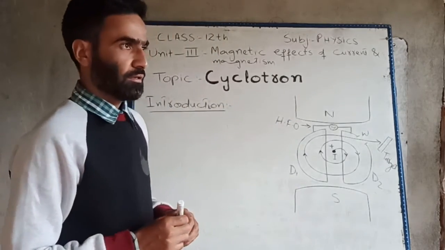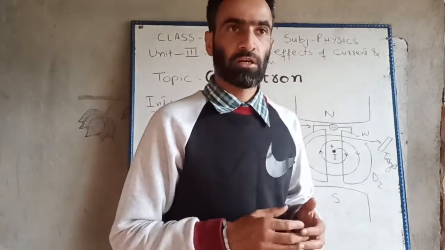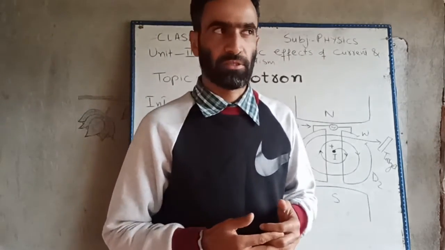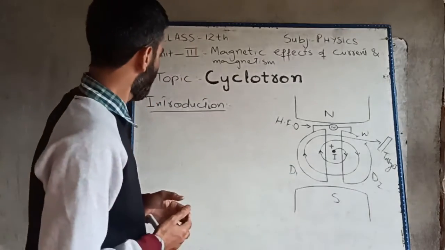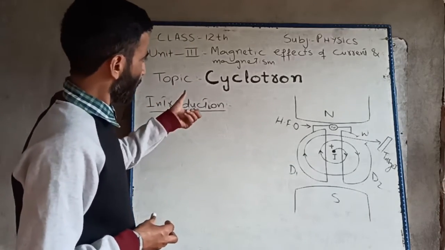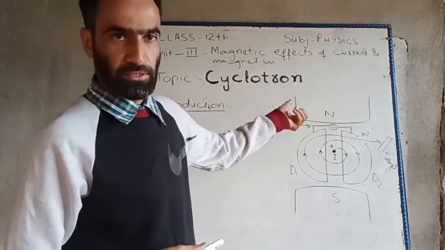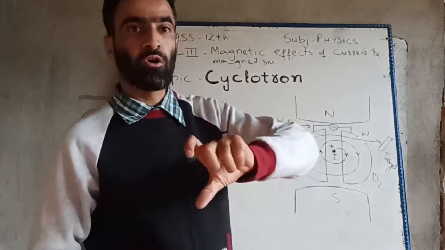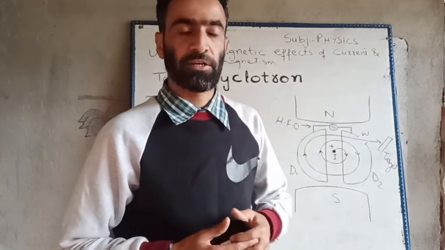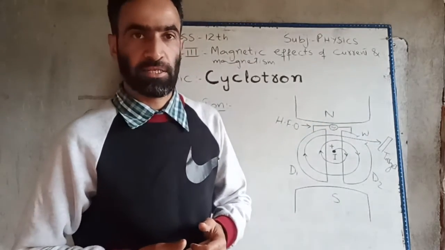Those positively charged particles are used in different types of activities, like to take the nuclear reaction, etc. Before development of the cyclotron, there used to be very long accelerators which were called linear accelerators.